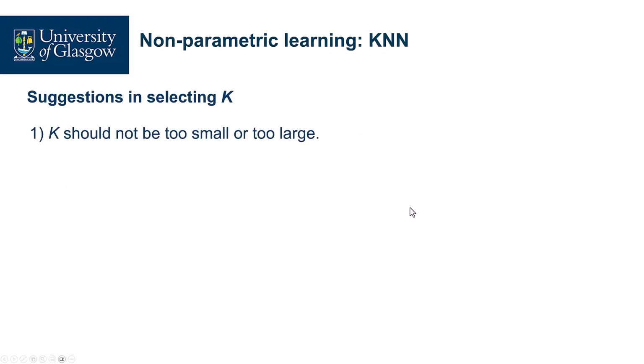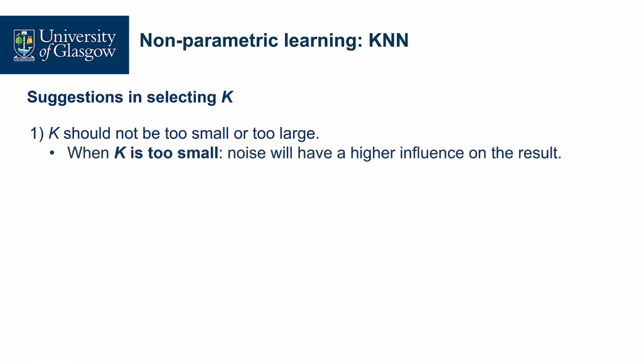First of all, k should not be too small or too large. Both are not good. When k is too small, the noise will play a big role, and this will influence the decision. Just as we have said, k equals 3 and k equals 5 provide different conclusions.